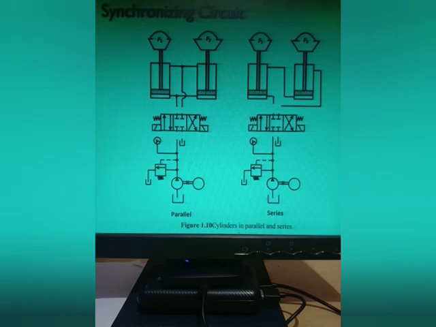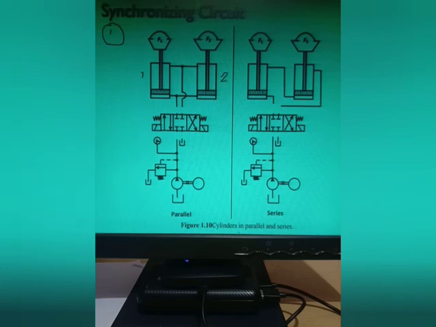Now here you can see that there are two circuits, both different. This is circuit number 1, in which two actuators are there. This is actuator number 1 and this is actuator number 2.